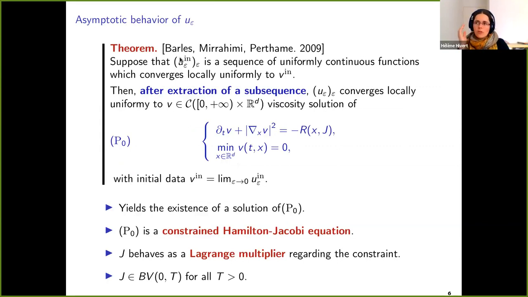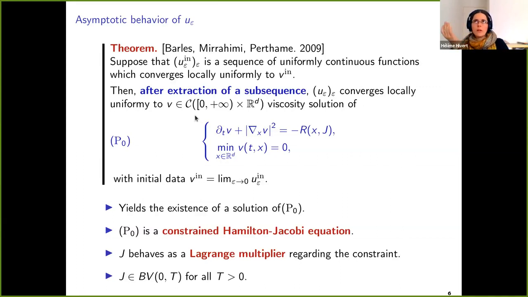Suppose that the initial data converge to something which is smooth and so on when epsilon goes to 0. The proof is only done with a compactness argument. So you have to extract a subsequence, and you know that this extraction converges locally uniformly to a function which is continuous.